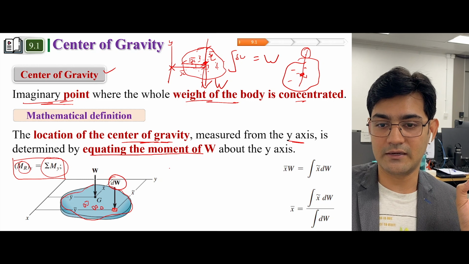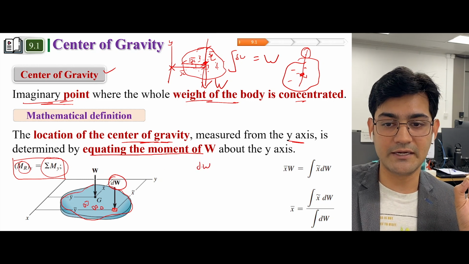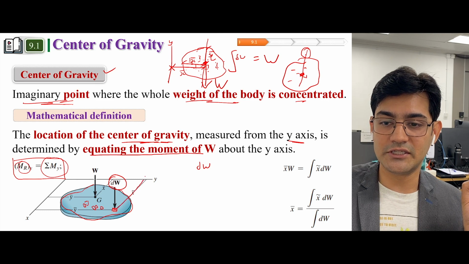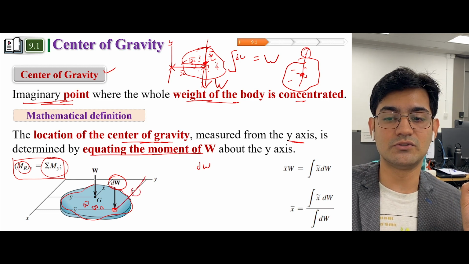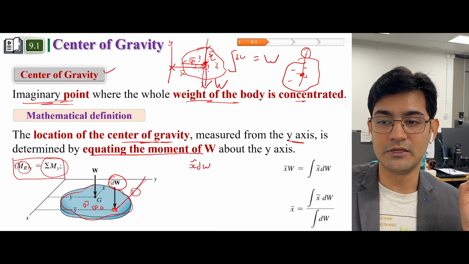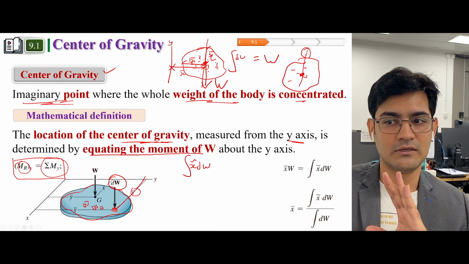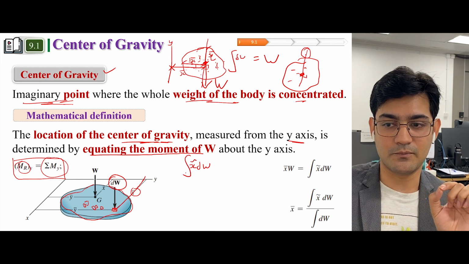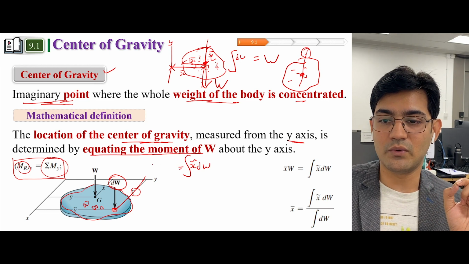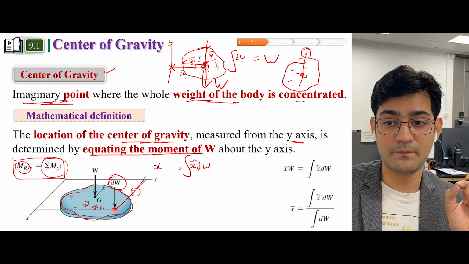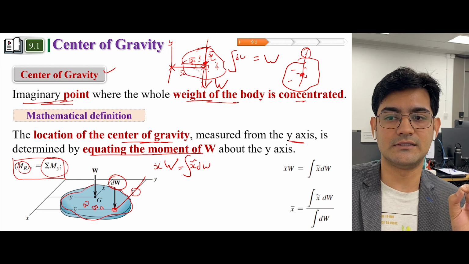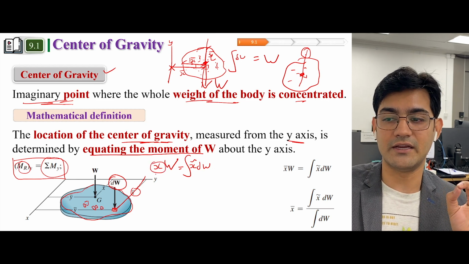So how to calculate the total weight is that we have these individual weights, and we know the distance of these individual weights to some reference point. If we integrate all these distances with the weights, then what we will get is the total weight and the distance, and this distance is the center of gravity distance.